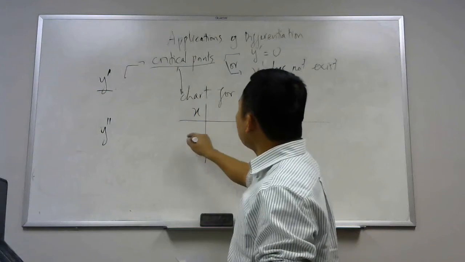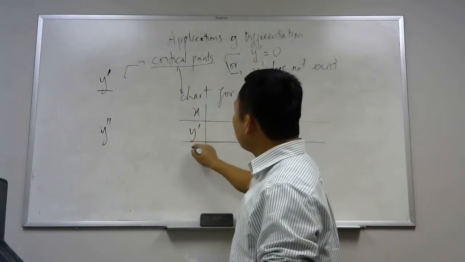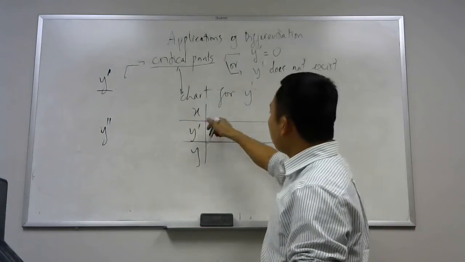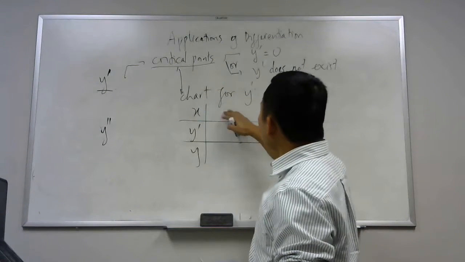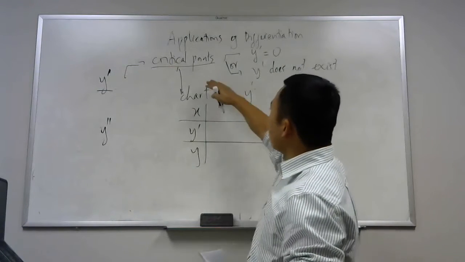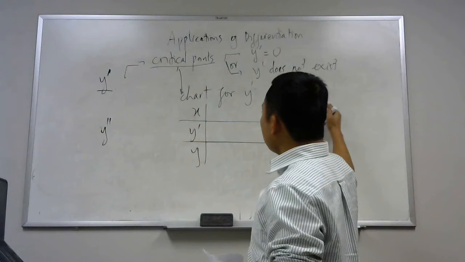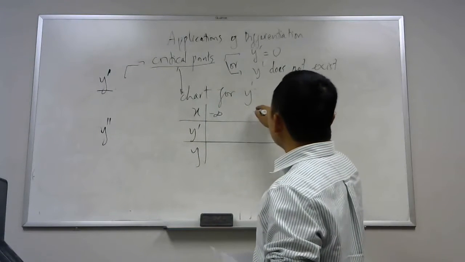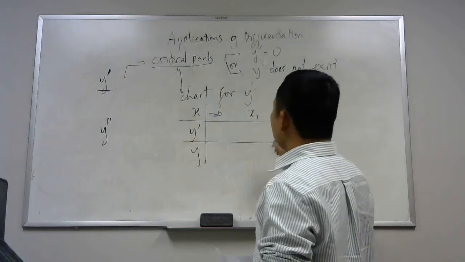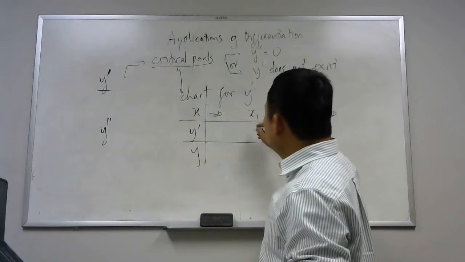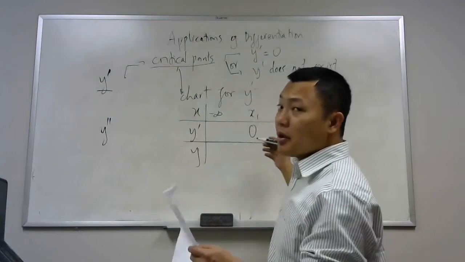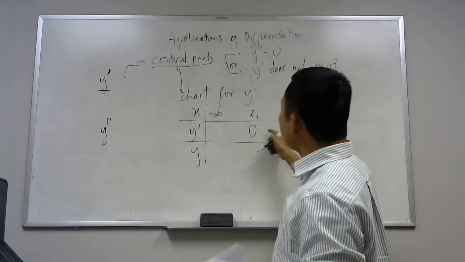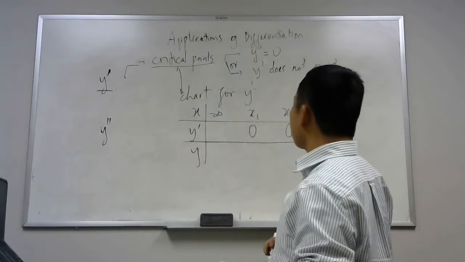Here you have x, here you have y prime, here you have y, right? In the first row, you express the domain of the function and all critical points and all special points. For example, negative infinity, positive infinity, and you have x1, x2 in here, right? Suppose at x1, x2, the first derivative is equal to 0.